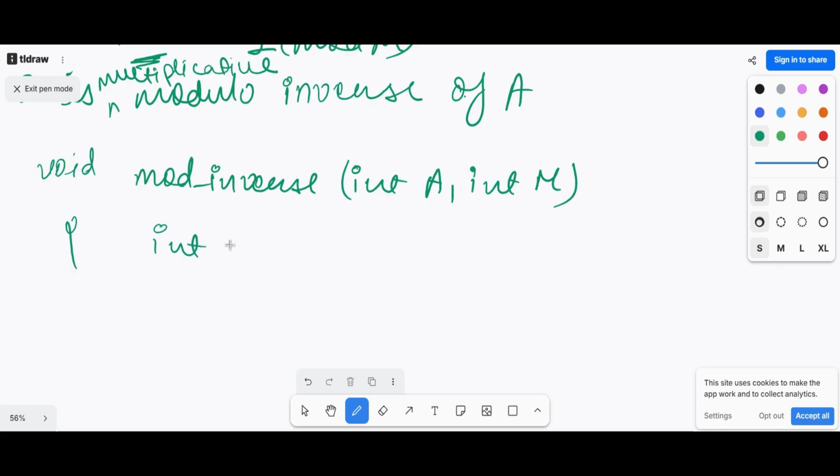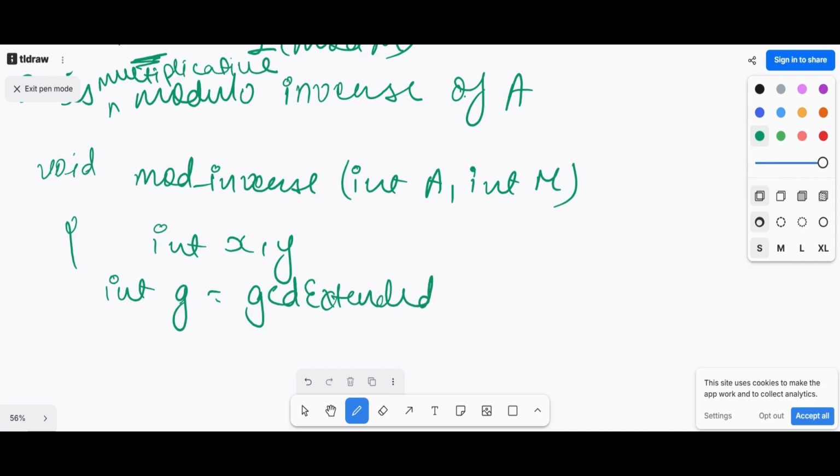I'll take two other variables x and y, and I'll find the GCD extended for this, which will give me the GCD only, but it will also place the values of x and y. Basically, your answer is x, so you'll get that. So I will find GCD extended for a, m, x, and y.